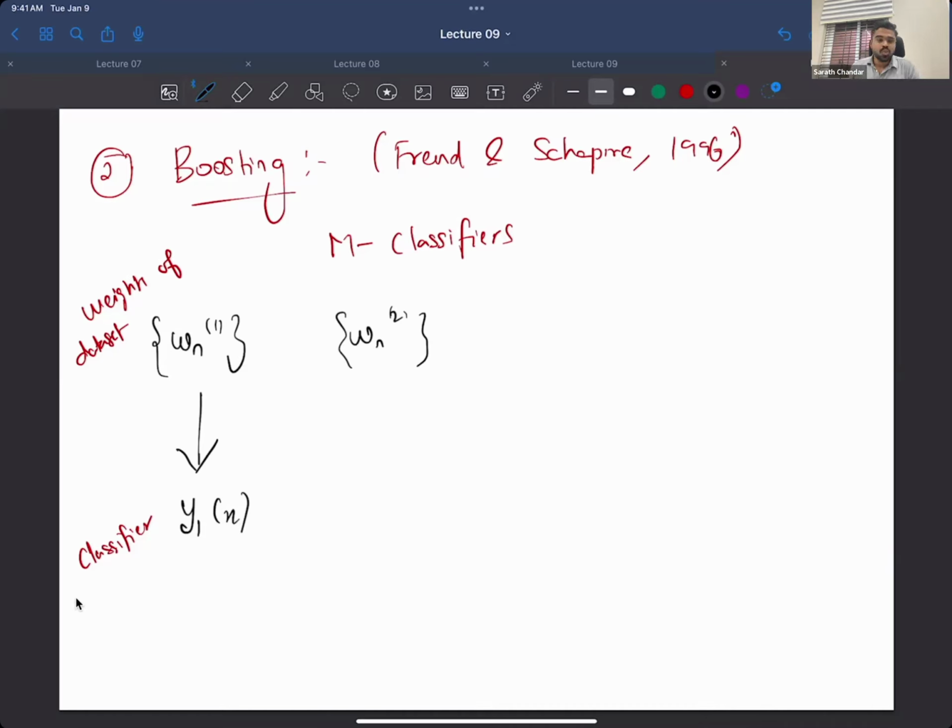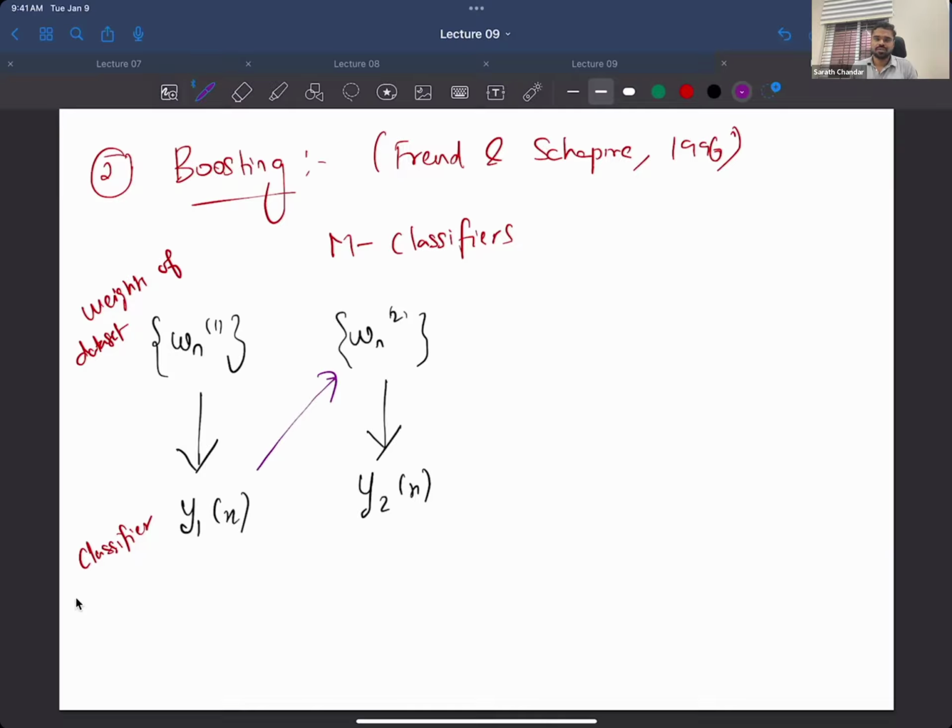I'm going to assign weights in such a way that the examples that are correctly classified by the first classifier get less weight, and examples that are wrongly classified by the first classifier get high weights. So when I train the second classifier, y2 of x, it is trained to concentrate on the mistakes of the first classifier.